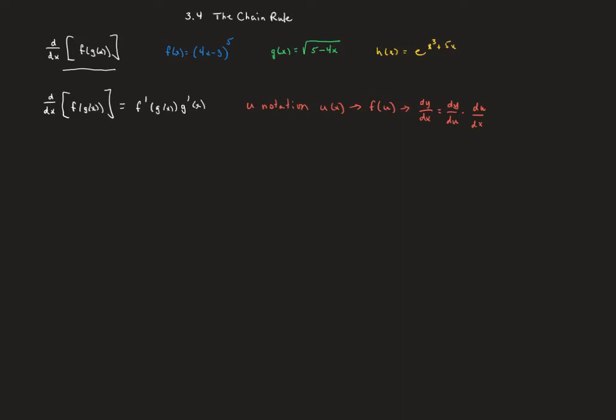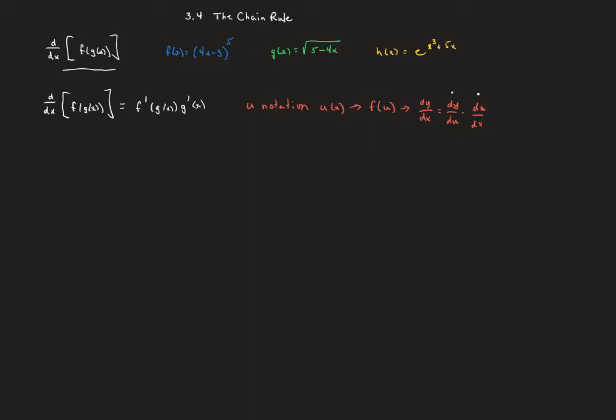Again, this notation is having the same effect as taking the derivative of the outside function, leave the inside function alone, times the derivative of the inside function. But there are times where this notation is going to work much more conveniently and make it much easier to communicate. Other times, it's going to help to be able to think of it the first way, as the derivative of the outside function, leave the inside function alone, times the derivative of the inside function.